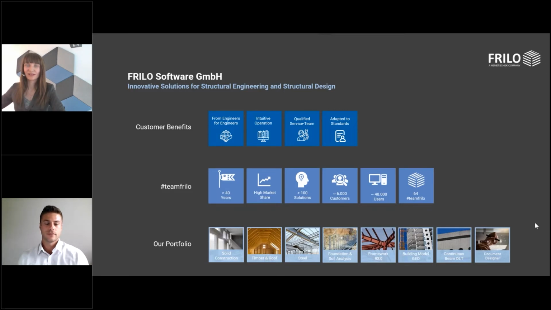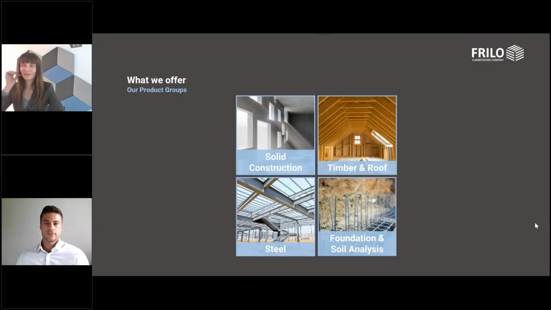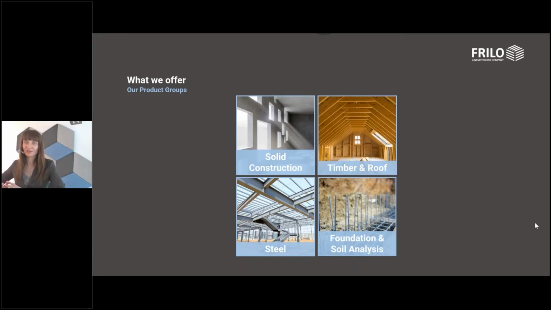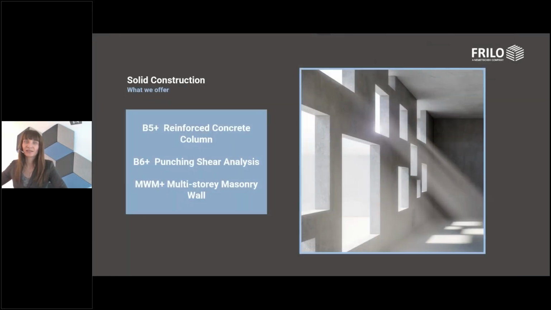Thank you, Alex. Now let us deep dive into each of the material categories represented in the FRILO portfolio. The first one is solid construction. Under solid construction, we understand reinforced concrete and masonry design solutions, as well as finite element programs for walls and slabs.